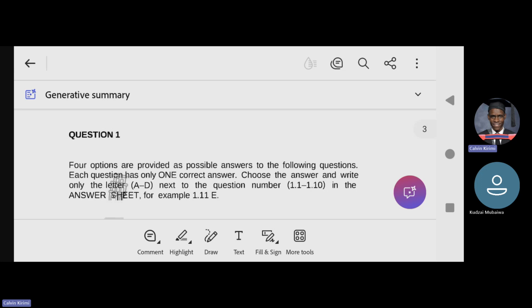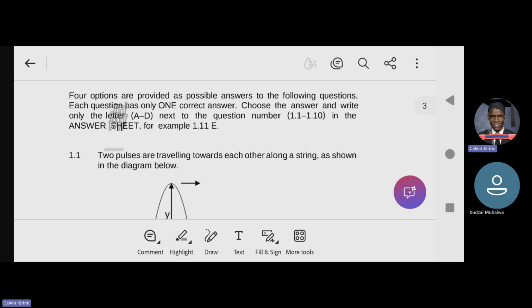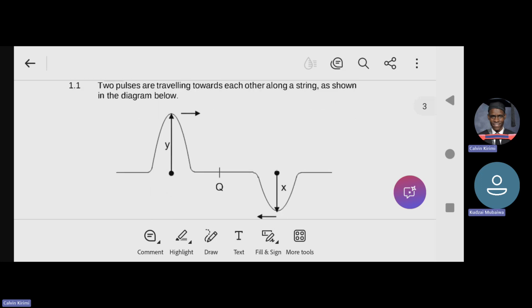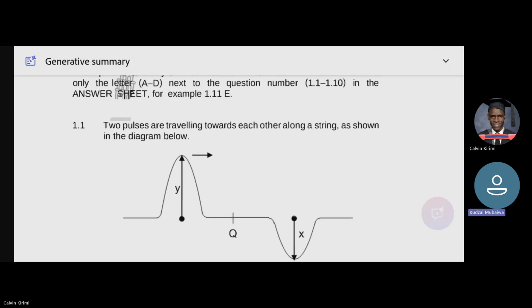Then here they are saying four options are provided. So number one, choose the answer and write A to D. So let's read the question. Two pulses are traveling towards each other along a string.